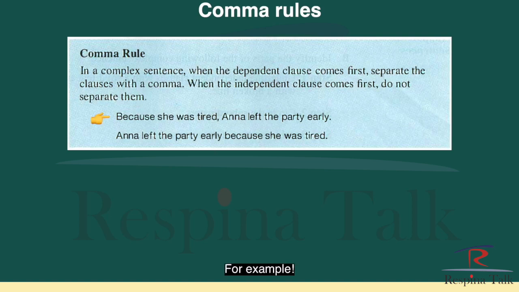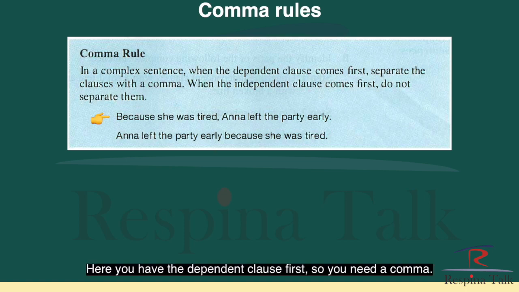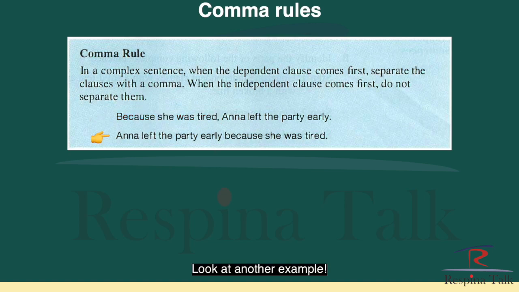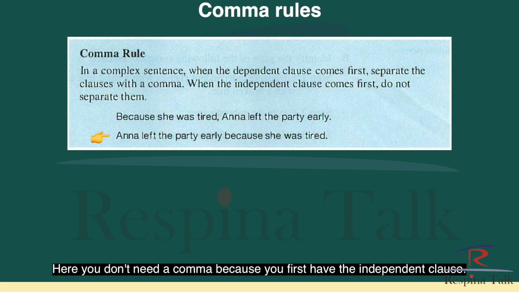For example, because she was tired, comma, Anna left the party early. So here you have the dependent clause first, so you need a comma. Look at another example. Anna left the party early because she was tired. Here, you don't need a comma because you first have the independent clause.